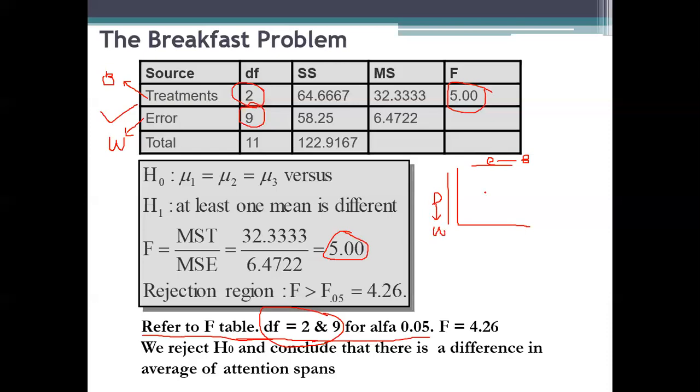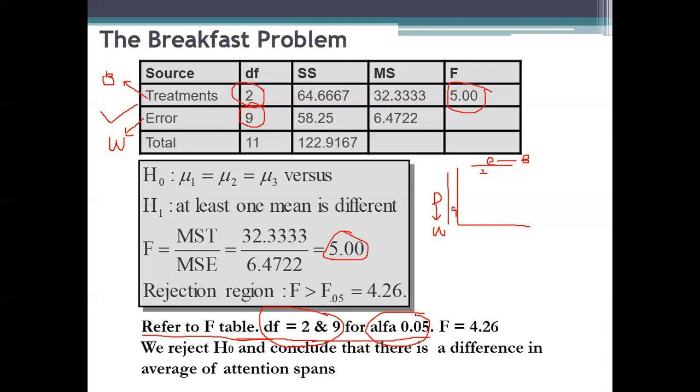So now the degree of freedom of between group is 2, so we must refer to degree of freedom 2. And the degree of freedom of error, or within group, is 9, so you must find the degree of freedom that is 9. Also, because it wants you to get the value based on the alpha that has been given, 0.05, it depends on the questions.